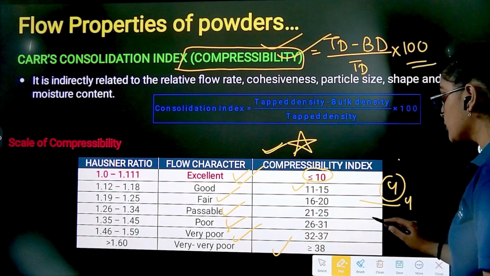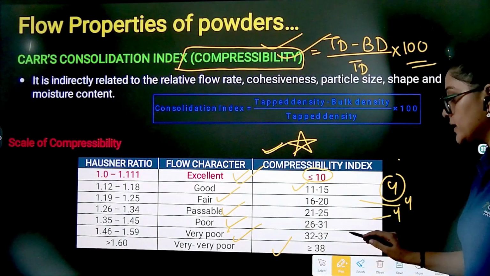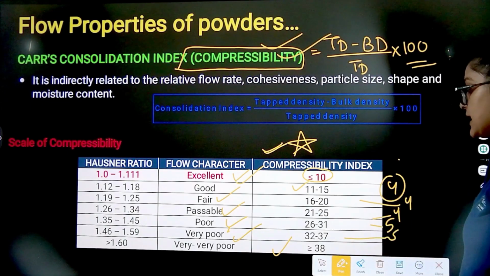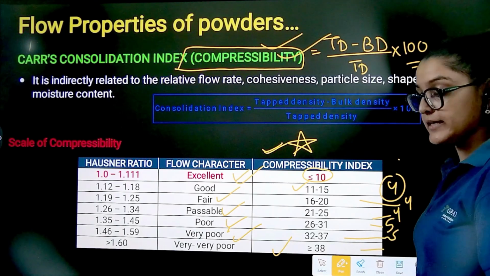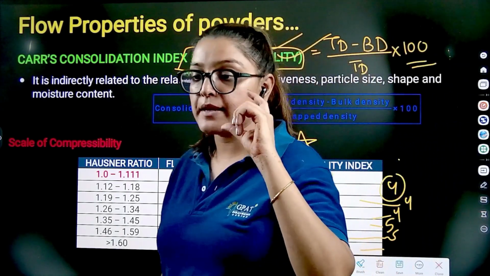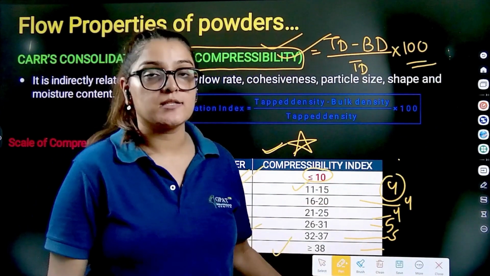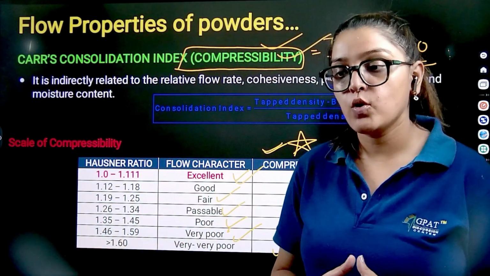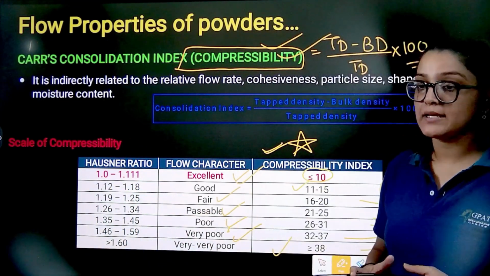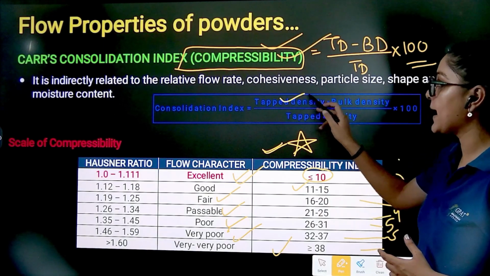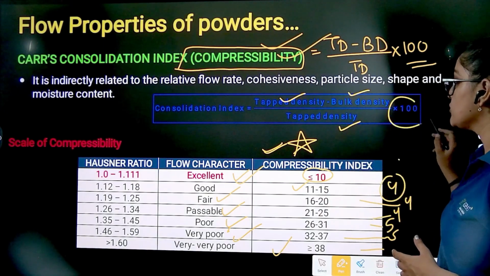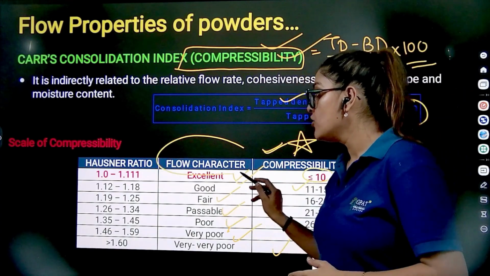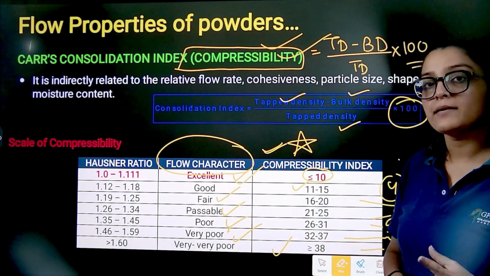Then 21 to 25, gap of 4. 26 to 31, gap of 5. 32 to 37, gap of 5. And then 38. So just by remembering the gaps between the digits, you will easily be able to work out the powder flow. Okay. So for Carr's index, you have seen that if you just put the simple formula of tap minus bulk upon tap into 100, you get the values. By these values you get the actual flow character of the powder.